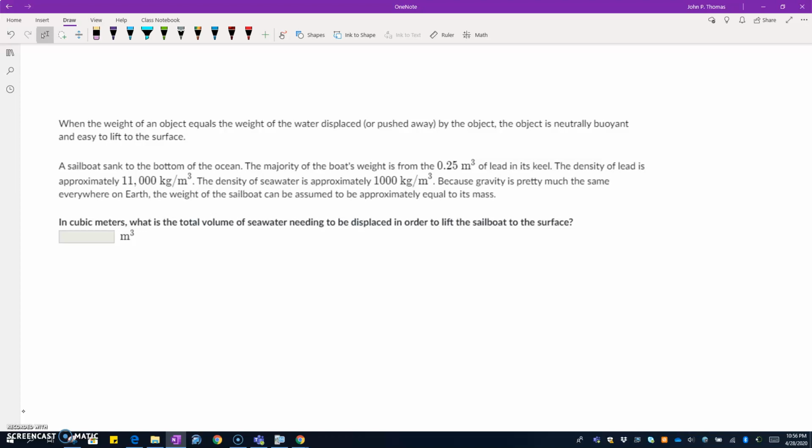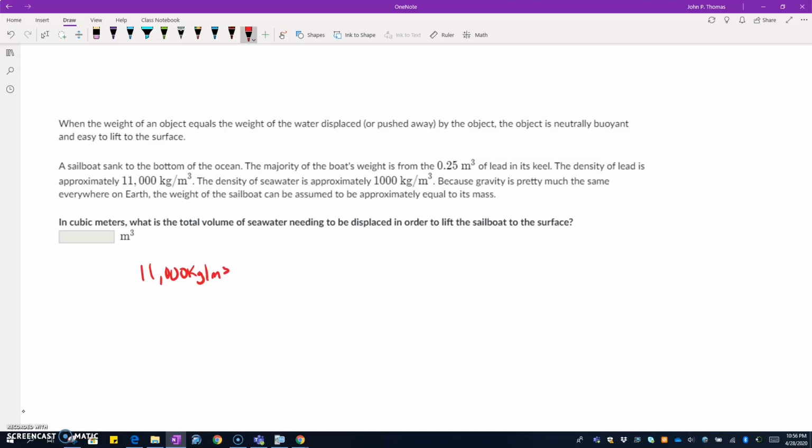Right? So a sailboat sank to the bottom of the ocean. The majority of the boat's weight is from the quarter meter cubed of lead in the keel. The density of the lead is 11,000 kilograms per meter cubed.